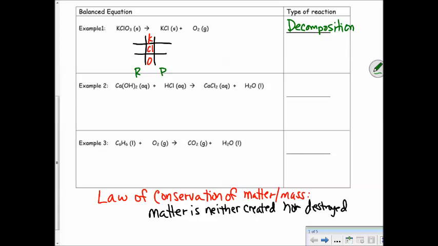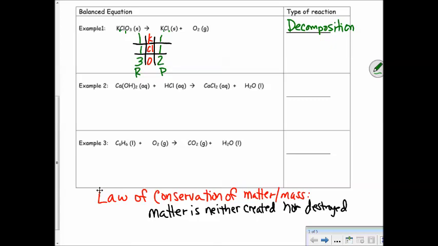So over here on the reactant side, remember, when there's no subscript next to a symbol, that means it's an understood 1. So the chlorine also would be an understood 1, and then since we see a 3 subscript there for the oxygen, it's going to be a 3.